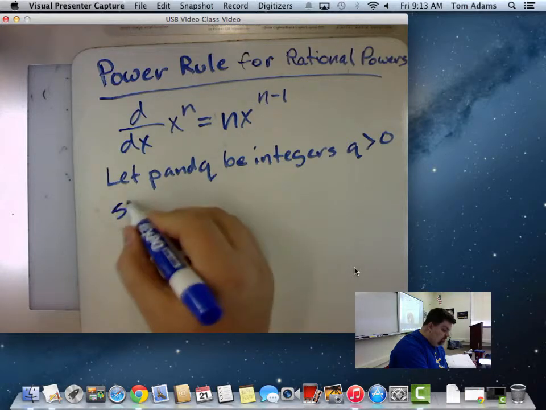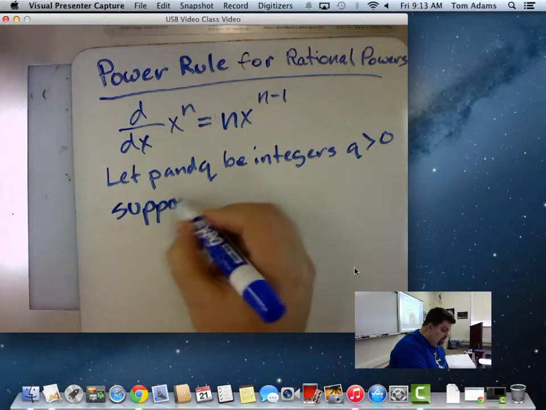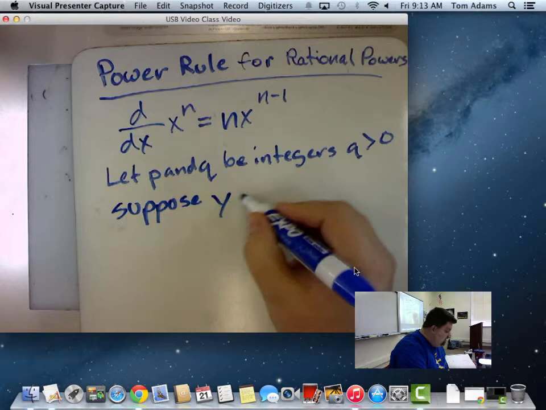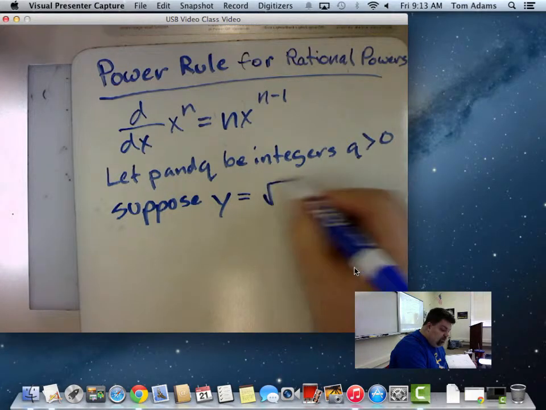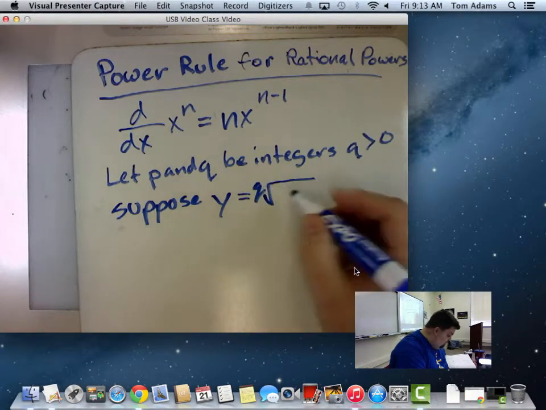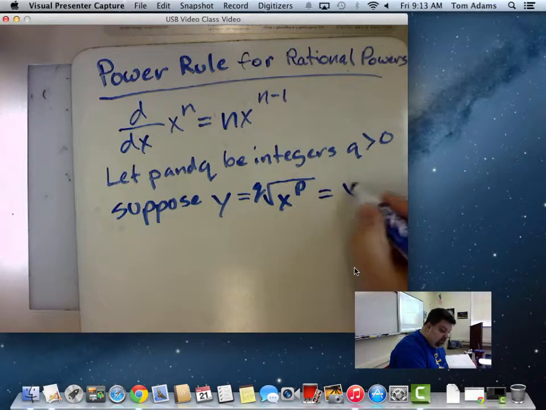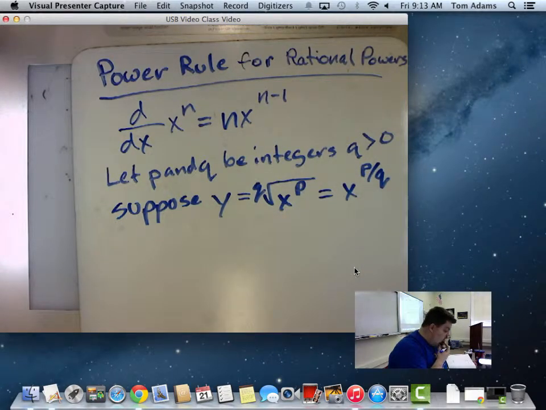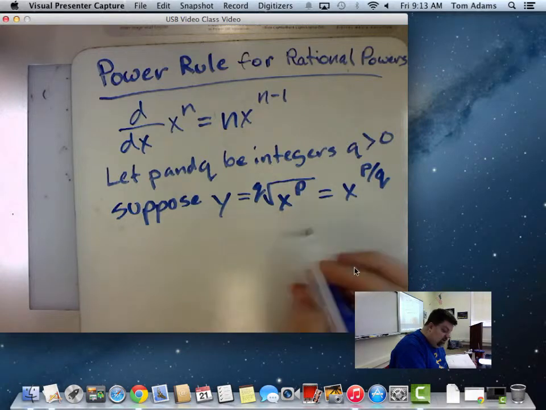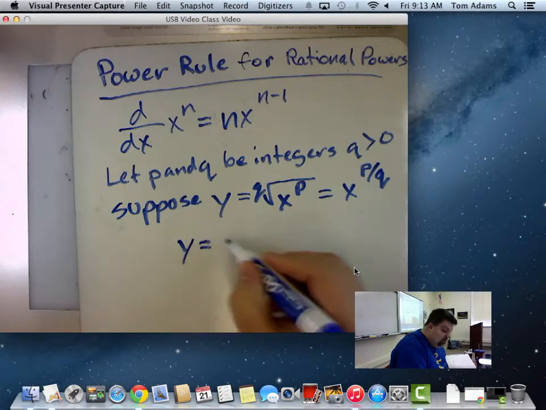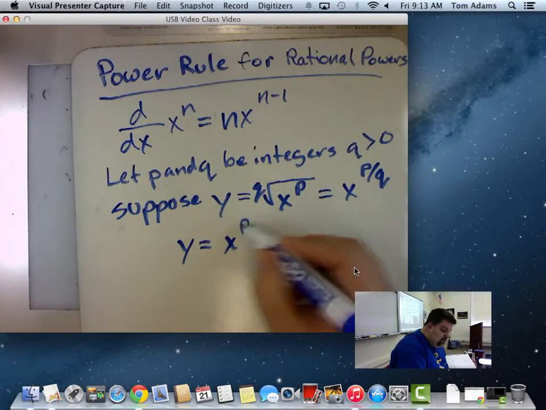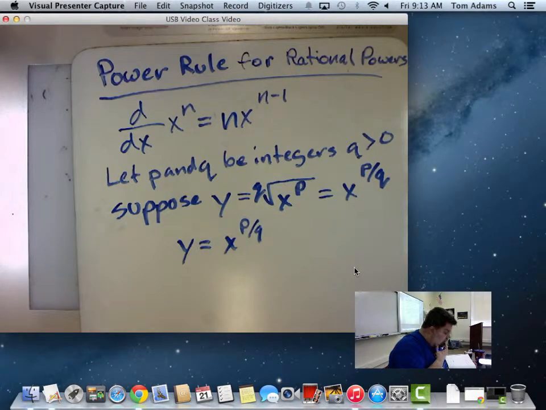And we're going to suppose that y is equal to the q root of x^p, which is really x raised to the p over q, right? You guys remember all that stuff? Yeah. So now if that's the case, we have y is equal to x^(p/q).